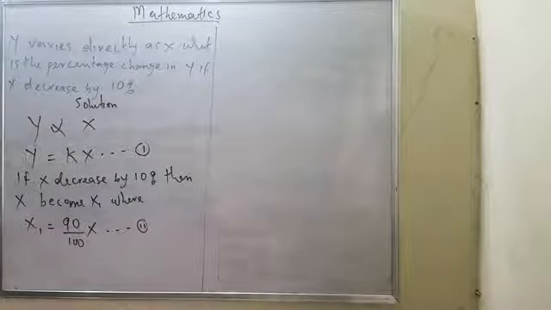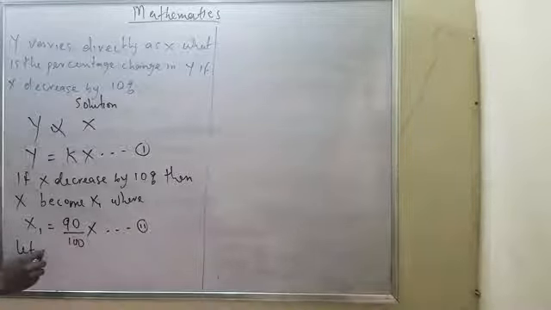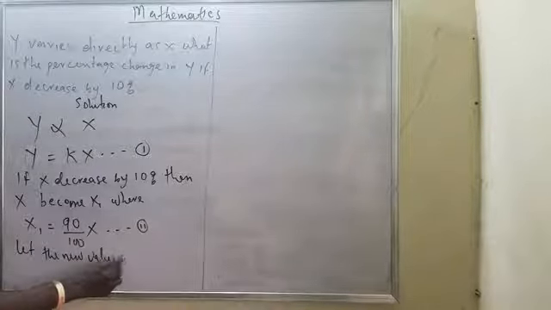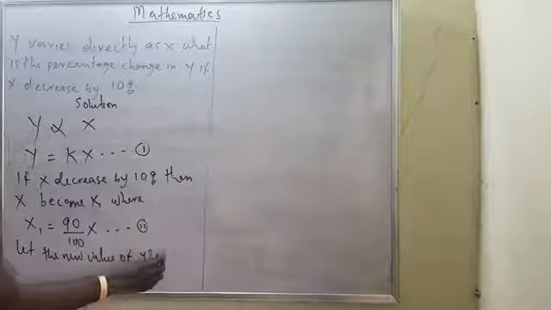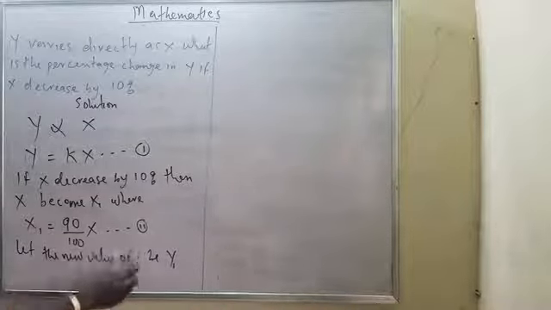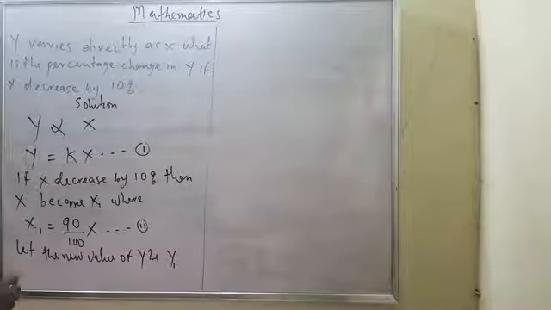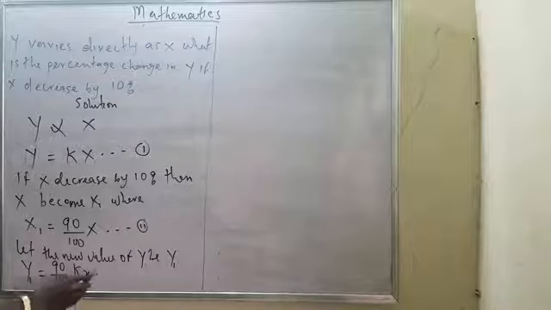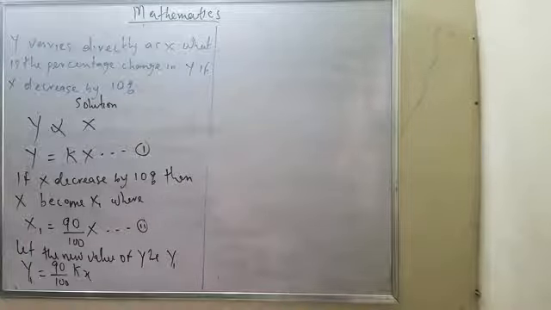Now since I know that, I can now say that, let the new value of Y be Y1. It means, by implication, I will have Y1 equals to 90% of kX.